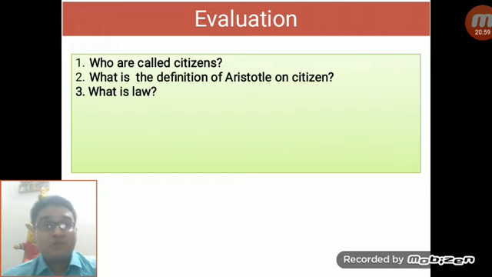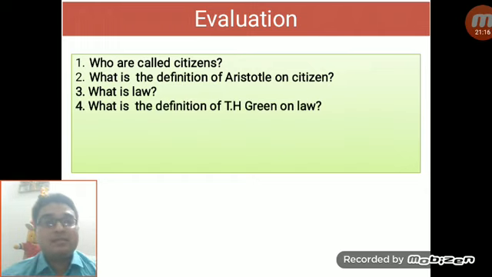Number 3, what is law? Basically laws are rules and regulations enacted by the legislation and imposed by the executive branch to control the external behaviors of the people. Number 4, what is the definition of T.H. Green on law?